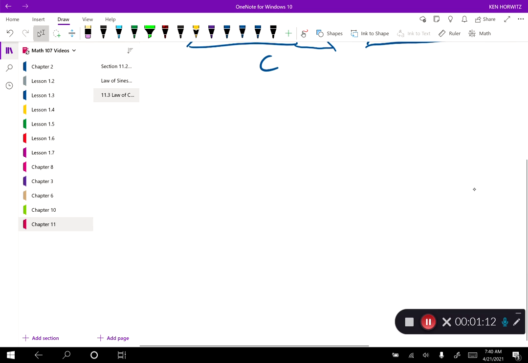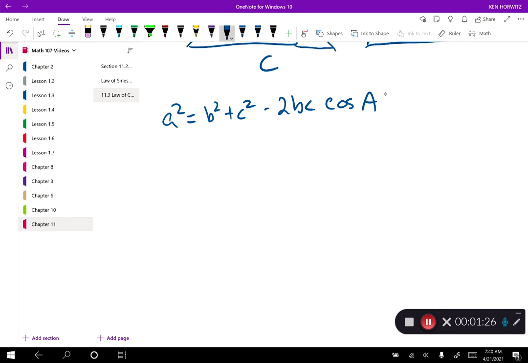The law of cosines is a squared equals b squared plus c squared minus 2bc cosine of angle A. And remember, the angles are the capital letters and the sides are the lowercase letters.